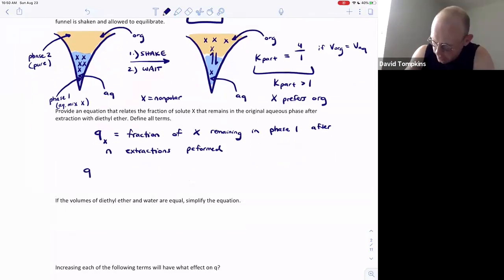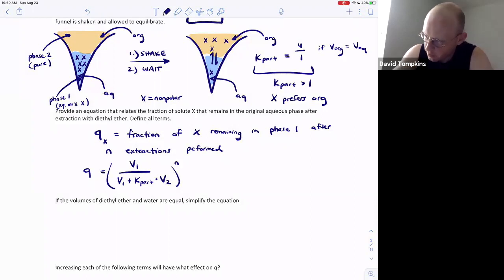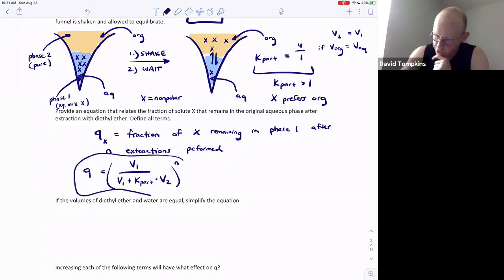then the fraction remaining in phase 1 is equal to the volume of phase 1 over the volume of phase 1 plus the partition coefficient multiplied by the volume of phase 2. Okay, so in this example here, I was assuming, because of this 4-to-1 mole ratio being the partition coefficient, that the volumes were equal. So the mole ratio was simply the ratio of the molarities. So this equation here is unitless, okay?